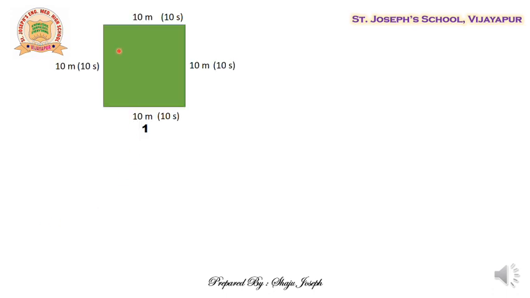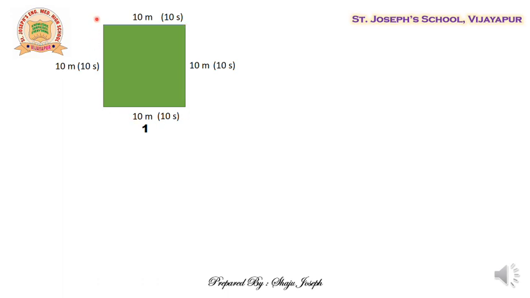Let us try to understand the question a little better. Now the field is square in shape, right? So one side is 10 meters, all the other sides are also 10 meters each. Now what is the total perimeter of this field? It is going to be 40 meters, and it is given that the farmer takes 40 seconds to go around the field once, which means 10 seconds for each side.